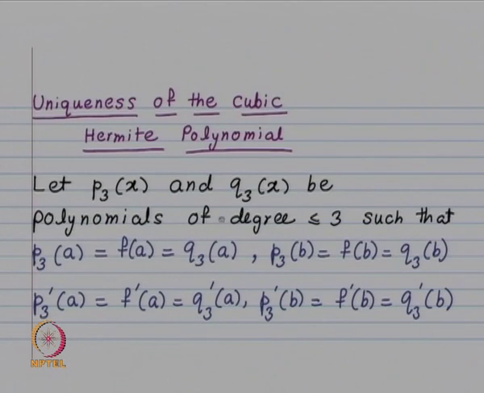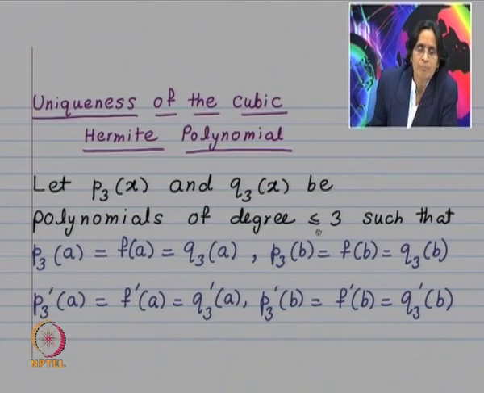So, let P3 and Q3 be two polynomials of degree less than or equal to 3, which interpolate the given function and the derivative at points a and b. If I look at P3 minus Q3, that will be a polynomial of degree less than or equal to 3, which will vanish at a, vanish at b, and also their derivatives will vanish at a and at b.